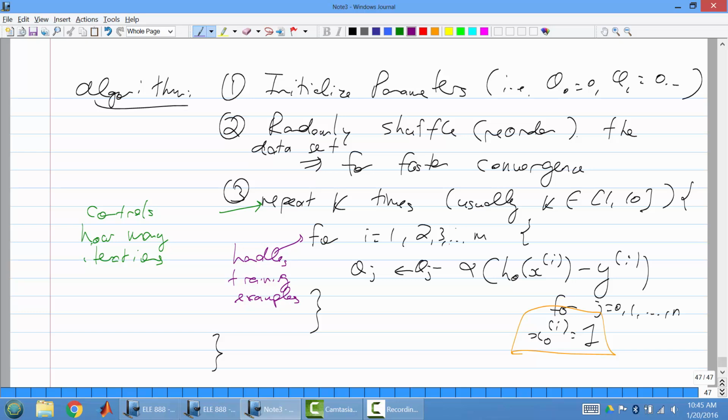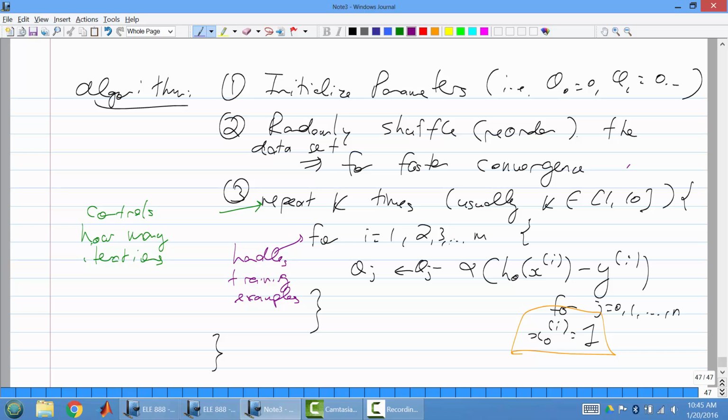For each training example that we have, you're going to use each feature from that training example and update the parameter that is specific to that feature. That's what the for i equals 1 to m does. For the first training example, you use it to update theta 0 up to theta n.